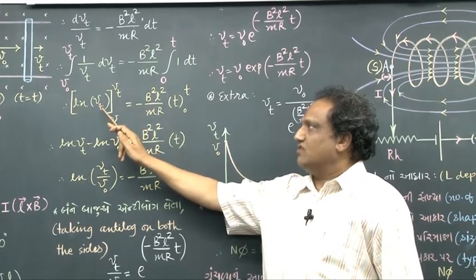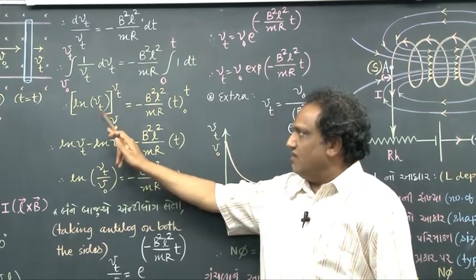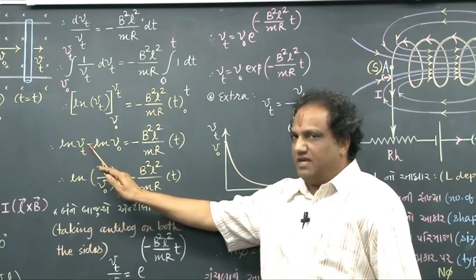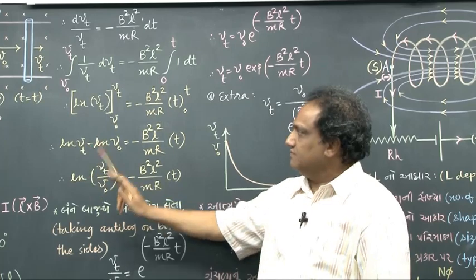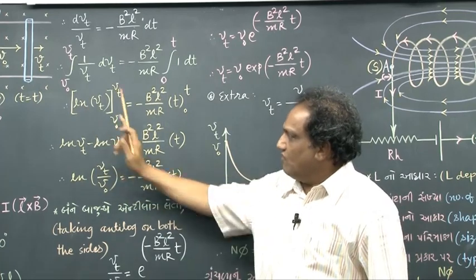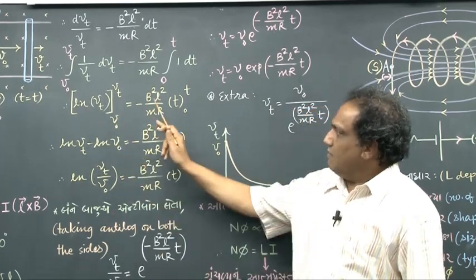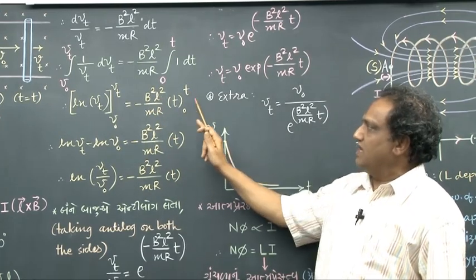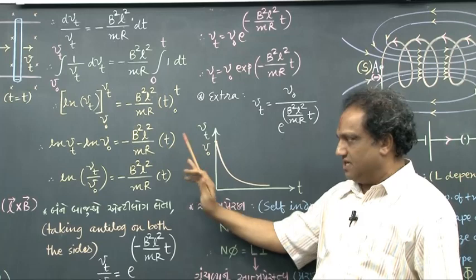So we should write first of all the upper limit, natural log of Vt. After putting the minus sign, we write the lower limit, natural log of V0. Minus B square L square upon mR as it is. Inside the bracket it will be t minus 0, that is t.